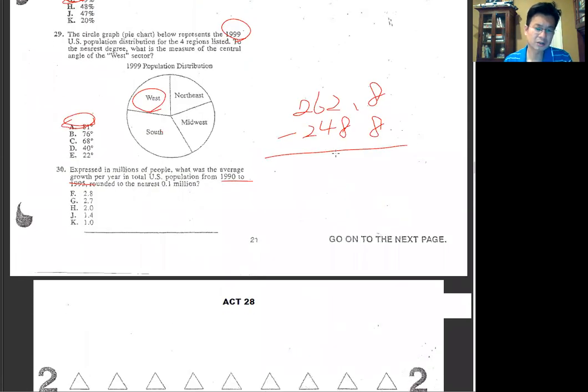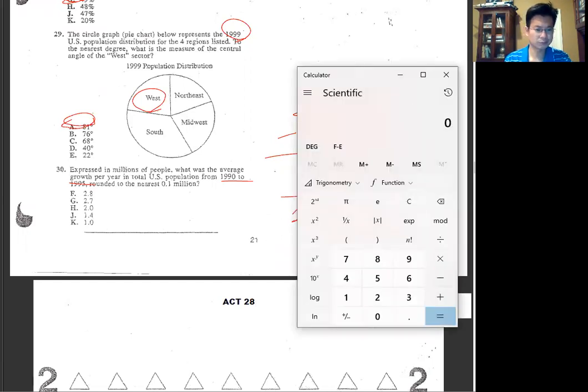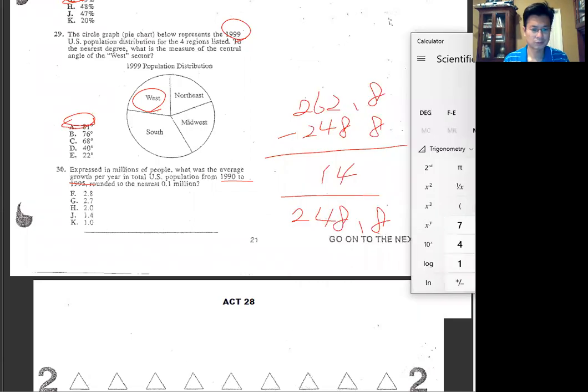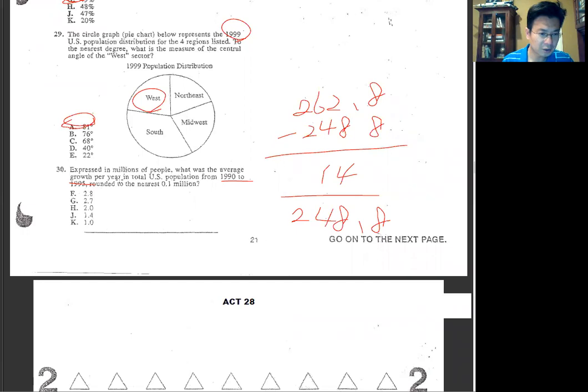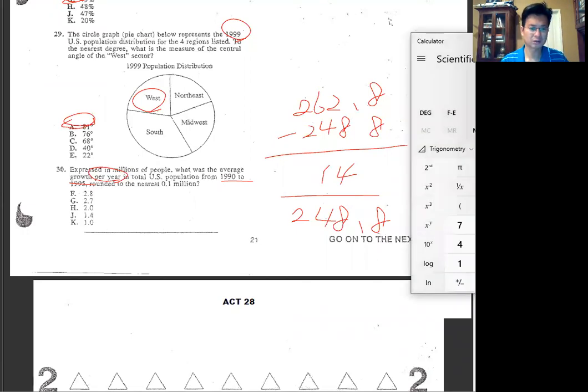So if you do that, this is 14, right? 14 growth out of 248.8. Per year. I didn't see that. Per year. So we have to divide by 5 again. So anyway.